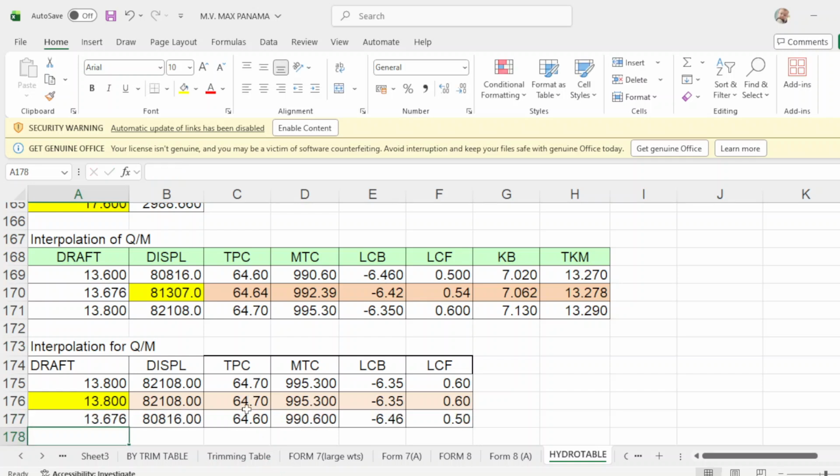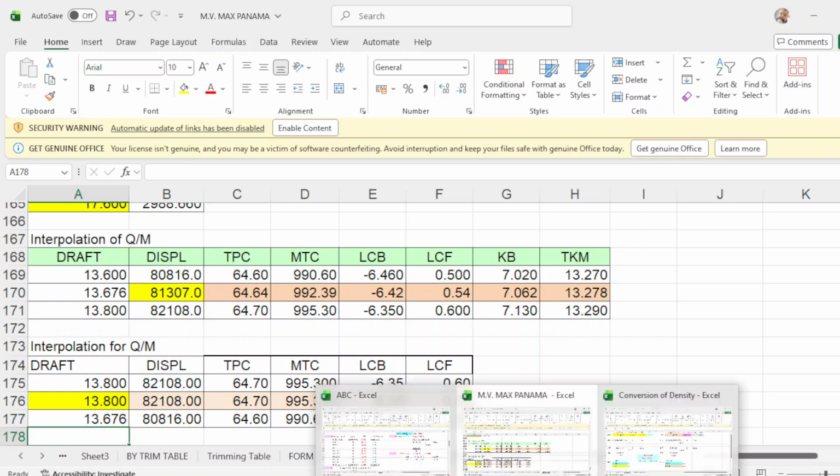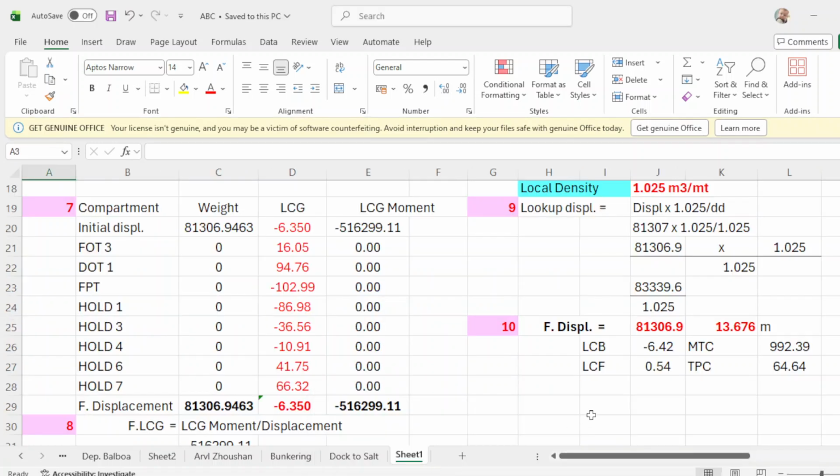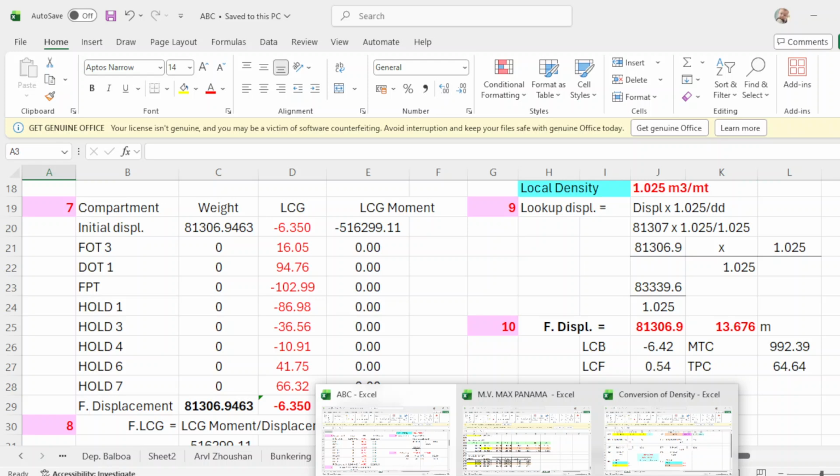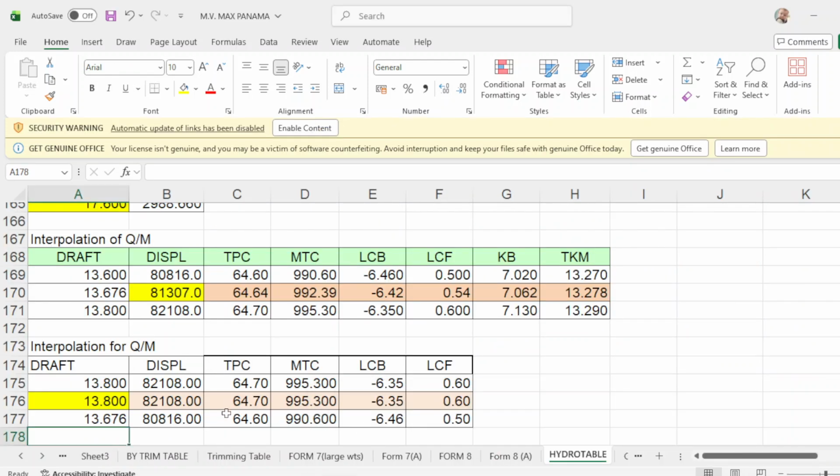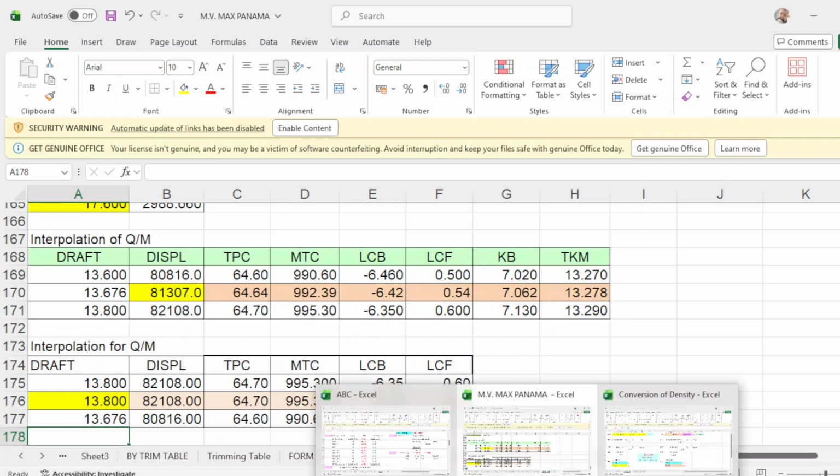And what will the TPC be? TPC is 64.64. MTC is 99239.